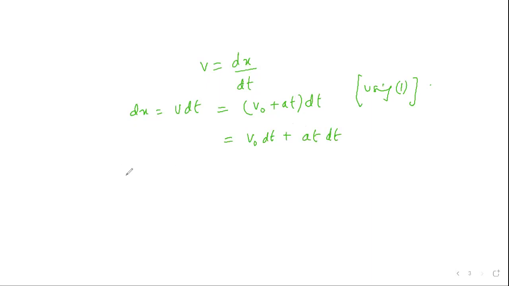So integrating, this is dx from x naught to x. Here my variable of integration is time. So I write t is equal to 0 to t v naught dt plus t is equal to 0 to t at dt. Right?